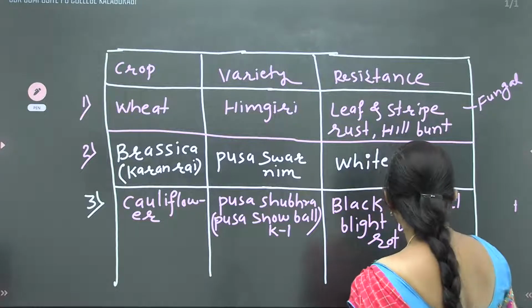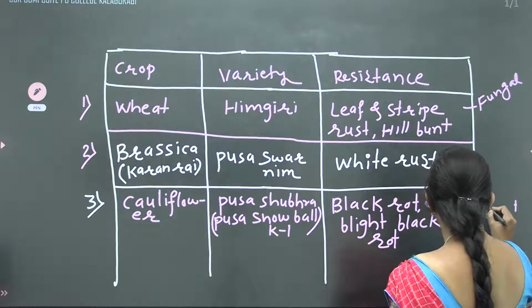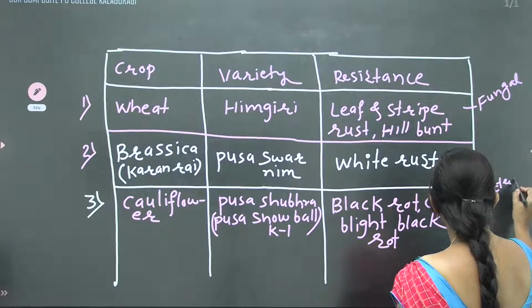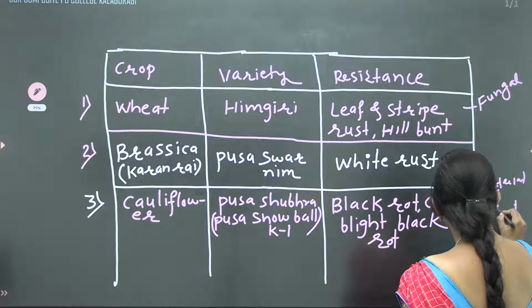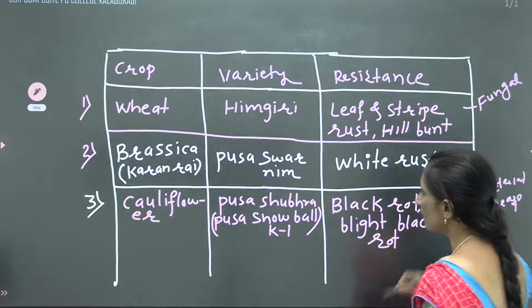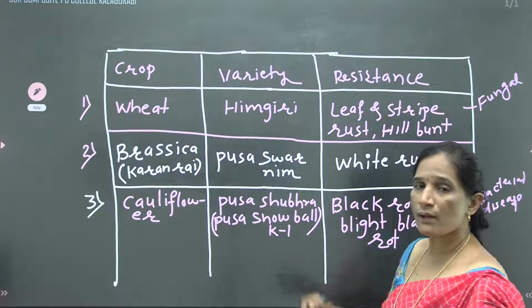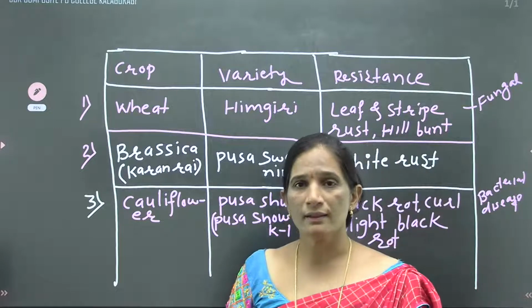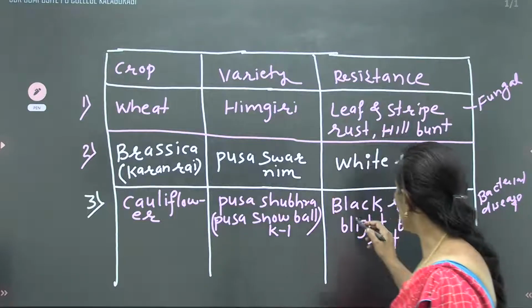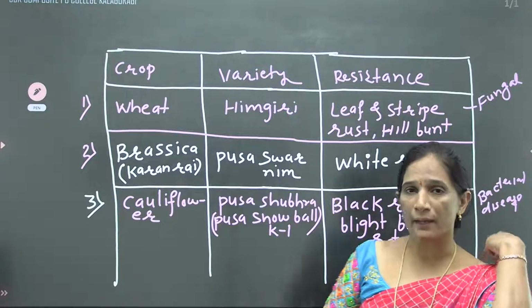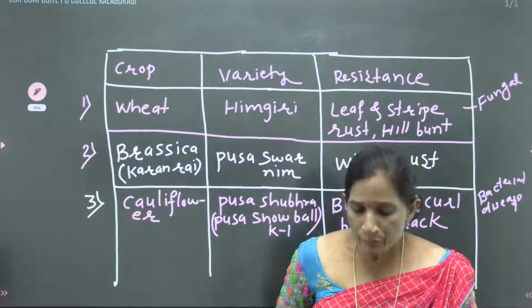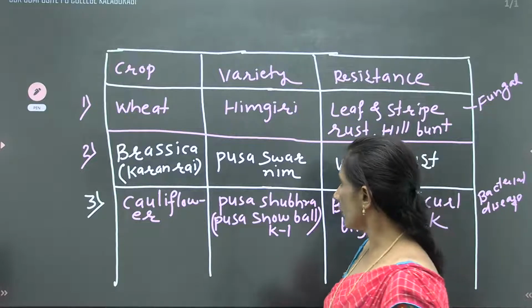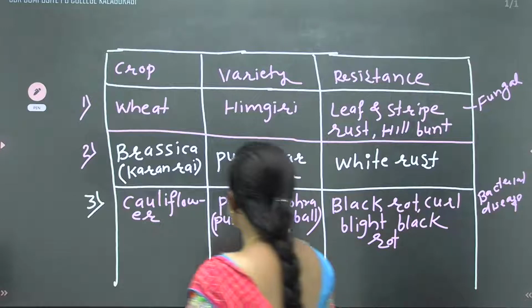Okay, so it is one of the bacterial diseases. So cauliflower is resistant to which disease? It is resistant to black rot, curl blight. Okay, is it clear? Moving to the next one, the fourth one.